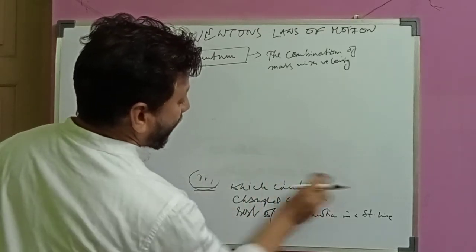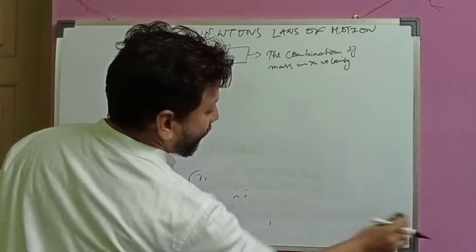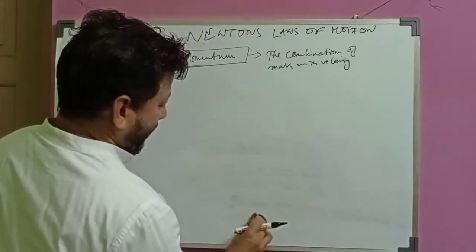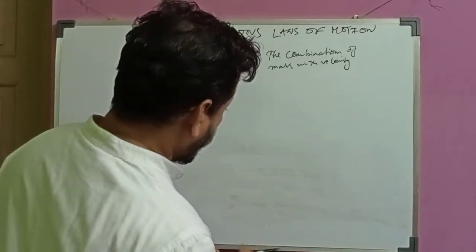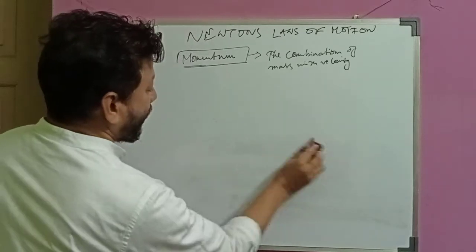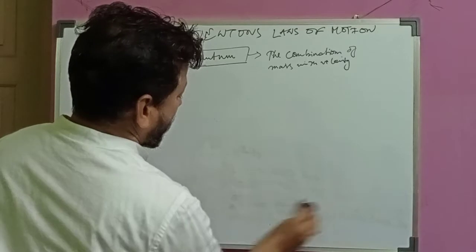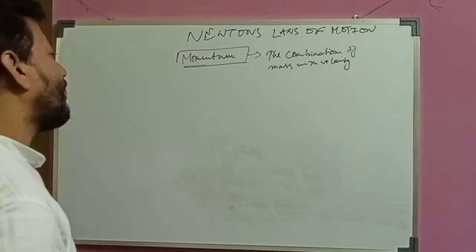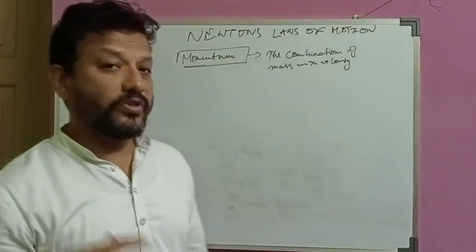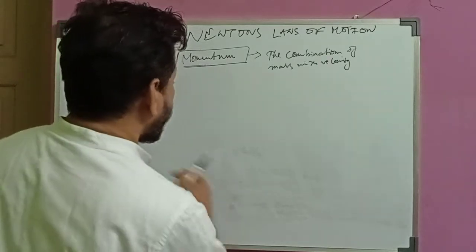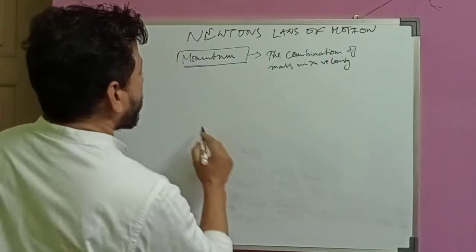This is very important. We got Newton's three famous motion formulas, that is Newton's first law, Newton's second law, Newton's third law. So now we have to learn the first law.